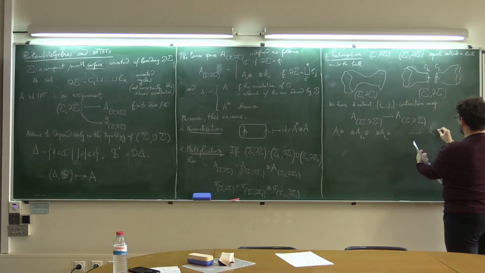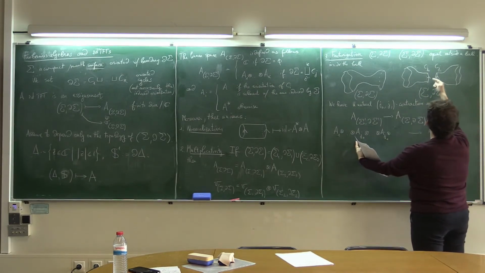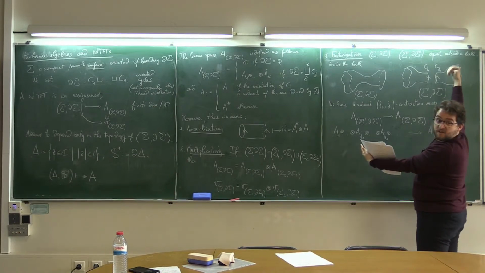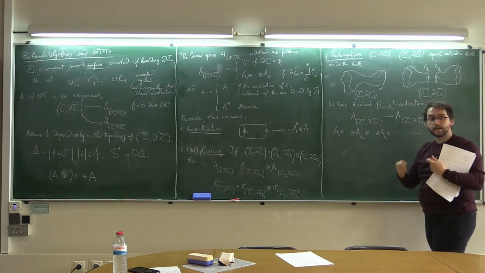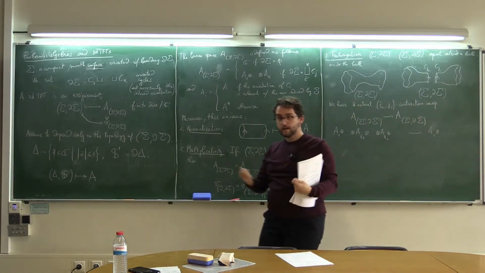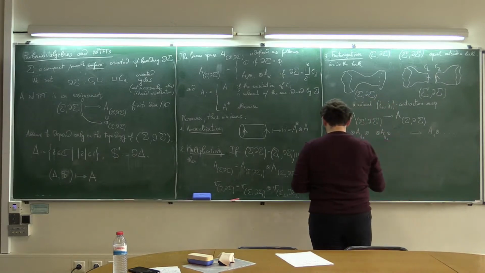I have A1, and as you can see, I put the orientation in such a way that this one is not coherent with the one induced by the surface. So actually these two are not the same vector space, but one is the dual of the other, so I can contract these tensors. The axiom is the following.